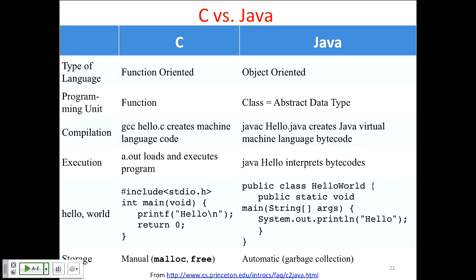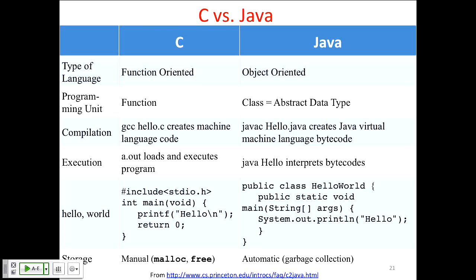So here's an example of what the code looks like. This is printing hello in C. Notice this is a preprocessor command to include stdio.h. What's in this file are all the standard definitions the compiler needs to understand that printf is a standard library function that has a certain type. That's why you include this here.